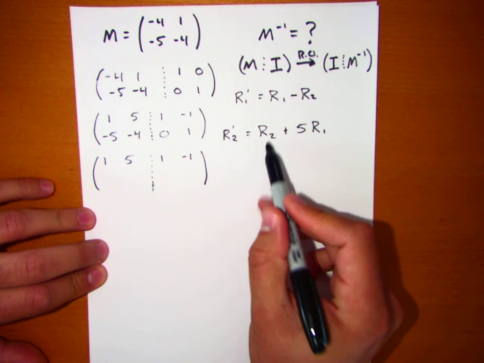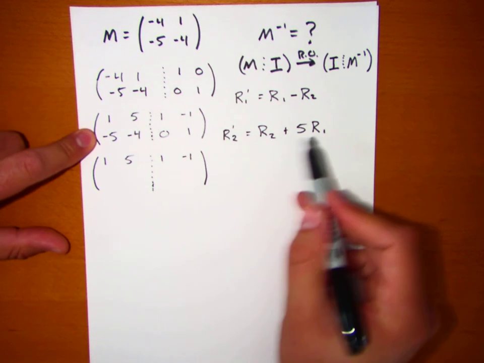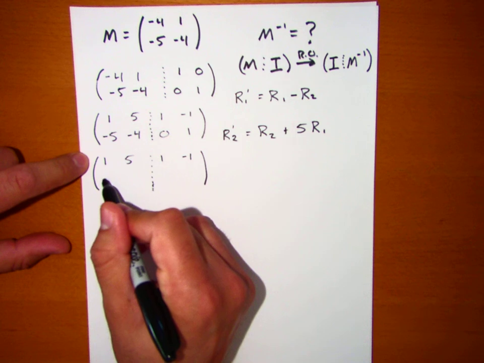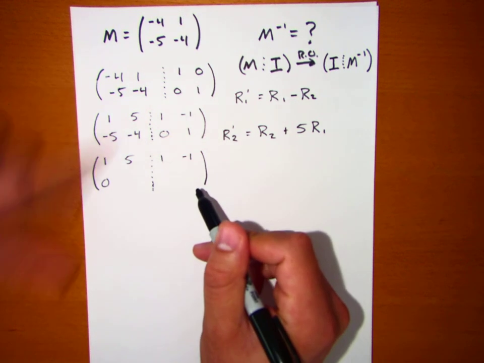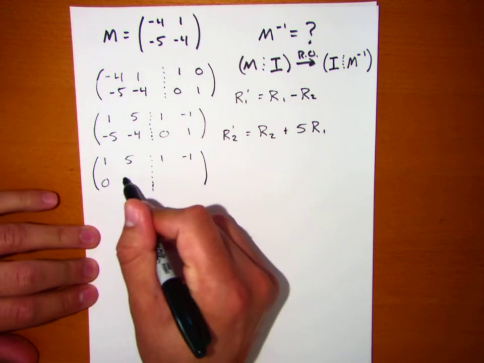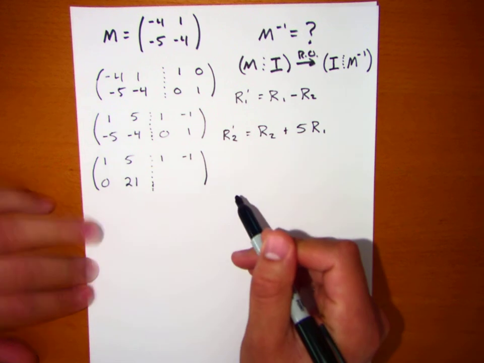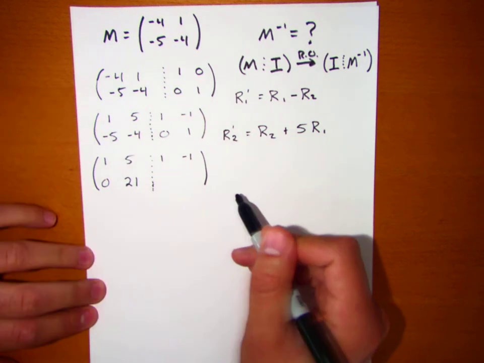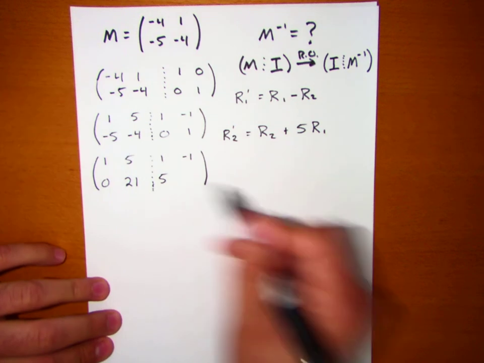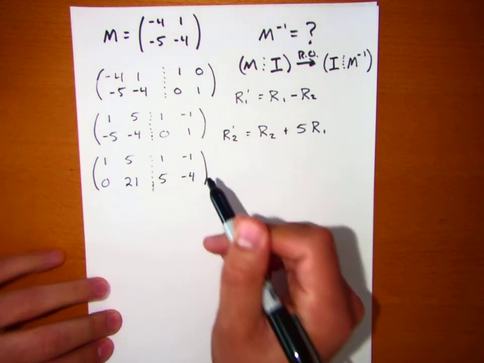So the bottom row: -5 plus 5 times 1 is 0. -4 plus 5 times 5 is 21. 0 plus 5 times 1 is 5. And 1 plus 5 times -1 is just -4.